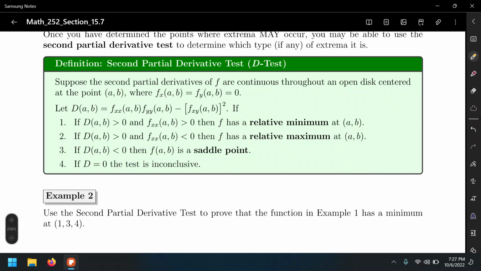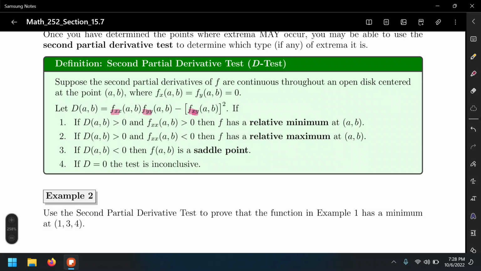For the second partial derivatives, it's the partial derivative twice with respect to x, twice with respect to y, and also the mixed partials, with respect to x and then y, or the reverse. Recall that regardless of the order you do these two derivatives, we always get the same result.